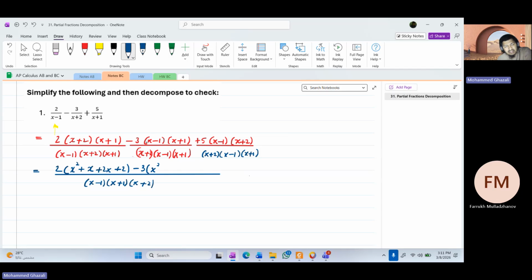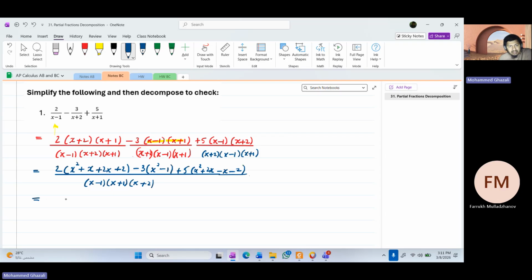This is x plus 1, x minus 1, right? Using polynomial identities, you can just say that is x squared minus 1, difference of two squares, plus 5 into x squared plus 2x minus x minus 2.